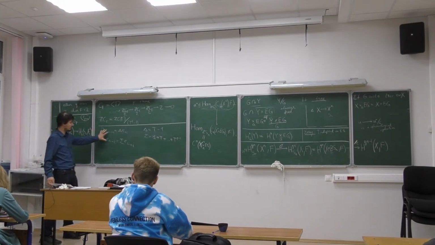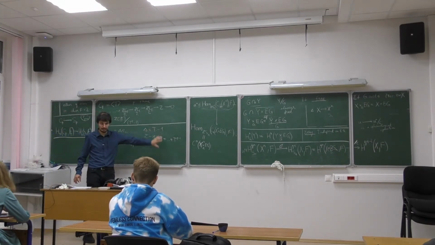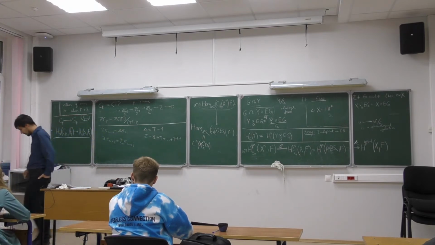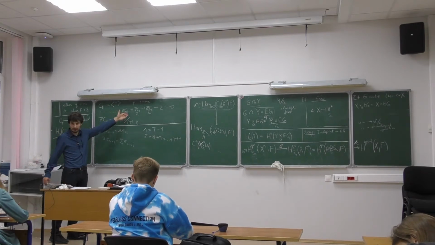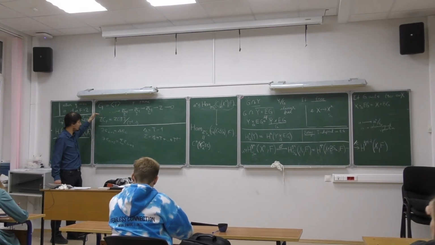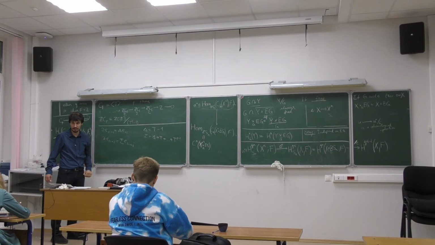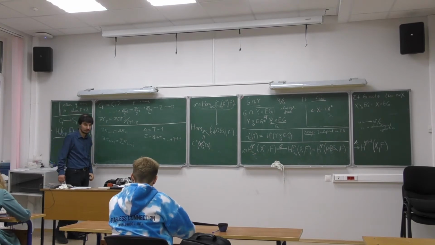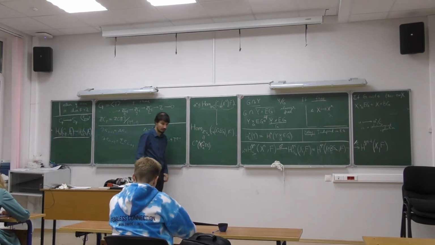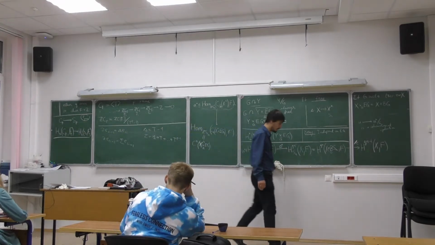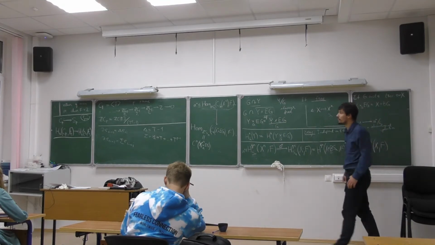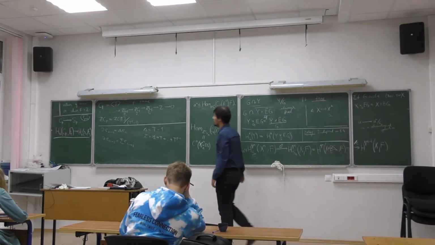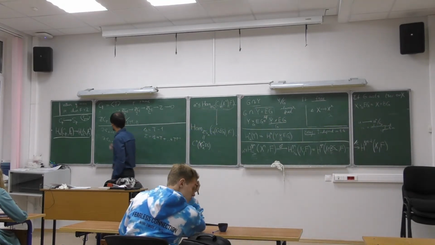If we write such a resolution, then I claim that this sequence is exact. So this is indeed a resolution, a free resolution, and we can compute the cohomology of the group.